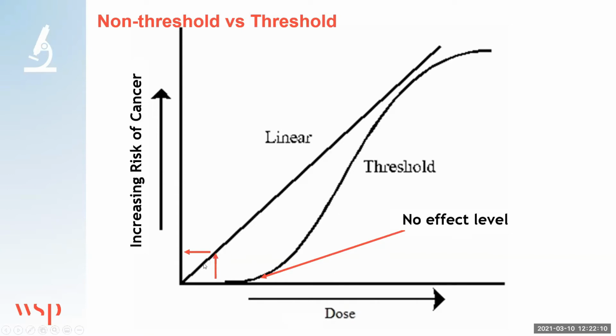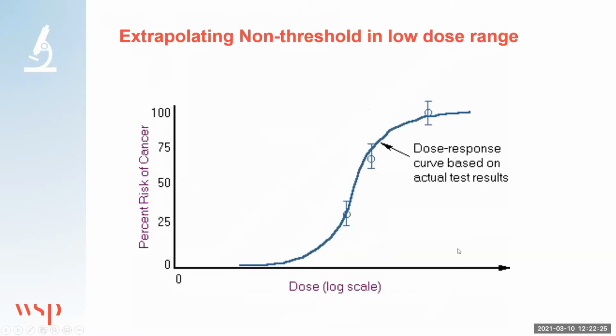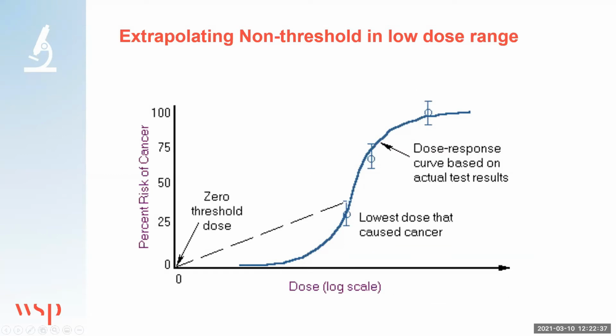And we often have to extrapolate into the low dose range from the actual experimental dose range. Just say there's some dose points up here. We have to extrapolate down there, and I'll explain that a bit further in this slide. So here are the observed three dose points. This is the lowest dose that we witnessed that caused cancer. This is the extrapolation, the line going through zero there.